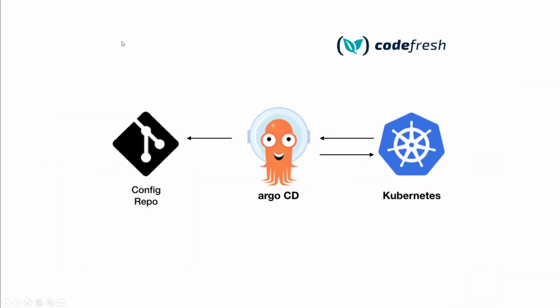Now, what is Codefresh? In very simple terms, Codefresh is a managed Argo and it does many things which the open source Argo does. In this diagram, we are using Argo CD in Codefresh, which Codefresh uses behind the scenes. On the left hand side, there is a Git repository, and on the right hand side, there is a destination Kubernetes cluster.